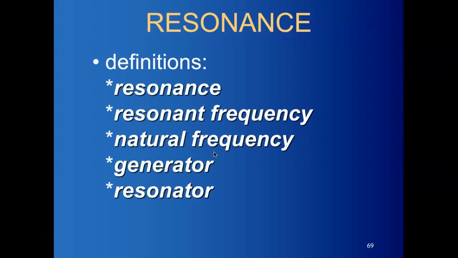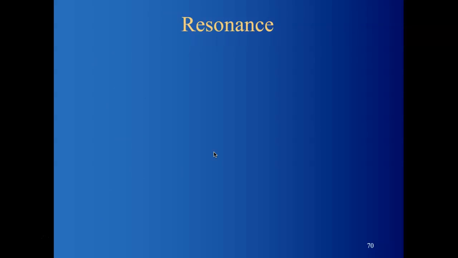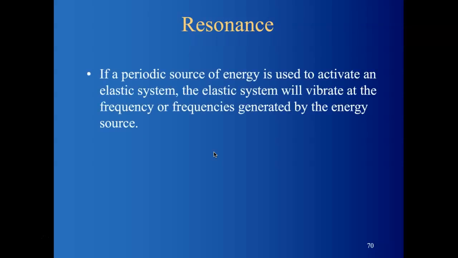Now, resonance. We talked about resonant frequency. And resonant frequency is essentially the frequency at which the object vibrates at its maximum. Okay? So we'll talk a little bit about resonance. When we talk about the vocal tract, formant frequencies for vowels, right? Those are resonant frequencies of the vocal tract.